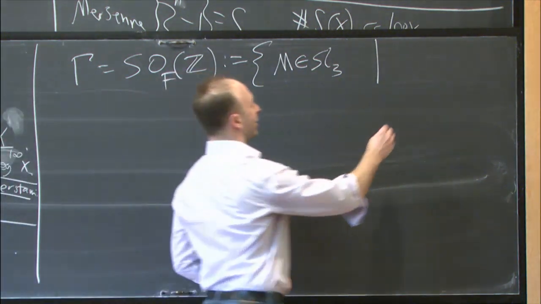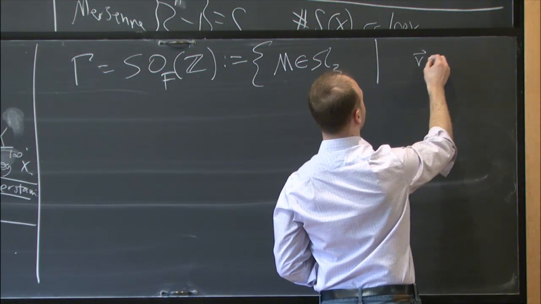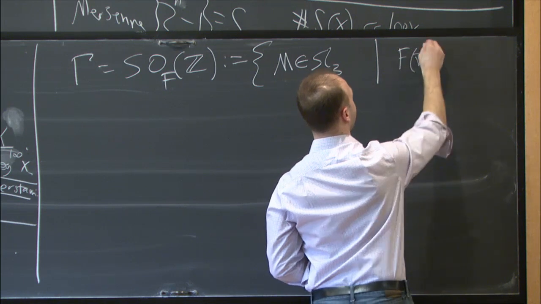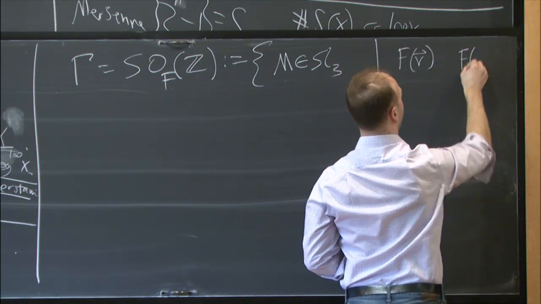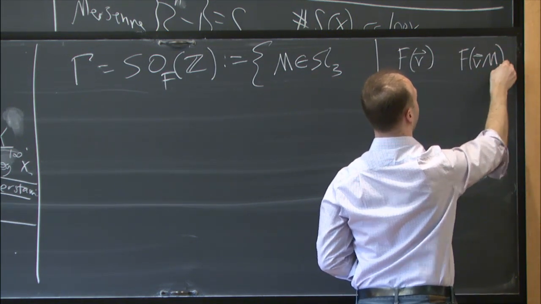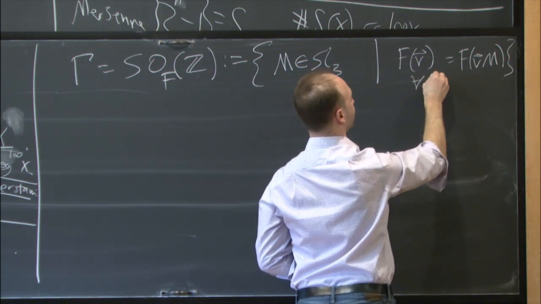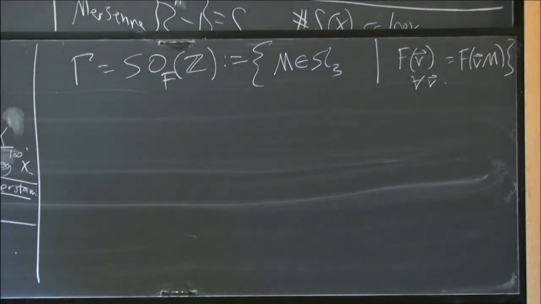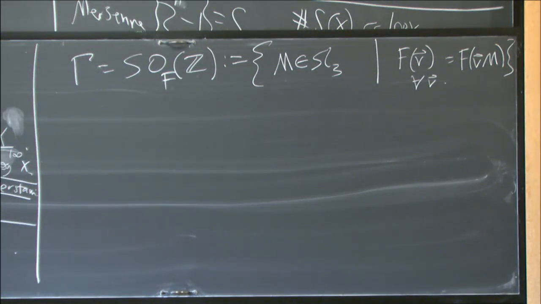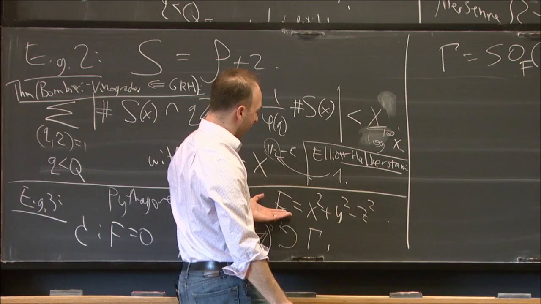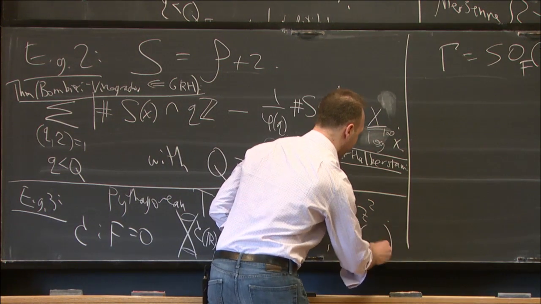So if you take some vector v = (x, y, z), you can compute f of it, or you can act on this vector by m, and that shouldn't change the value of f for all v. And it's easy to see that that's the same as: this quadratic form f has a Gram matrix diag(1, 1, -1).